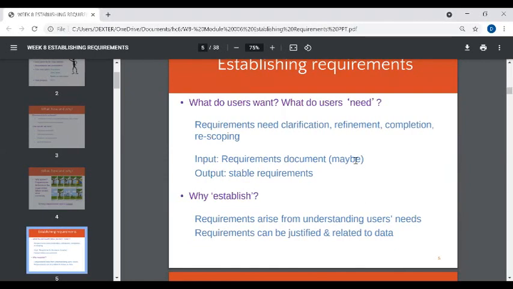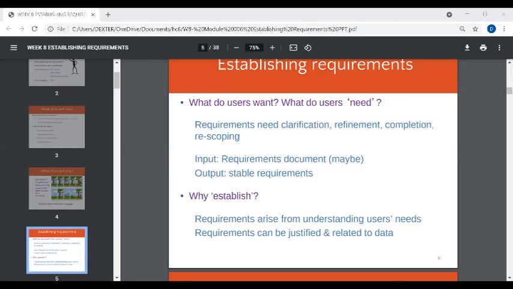Establishing requirements: what do users want, what do users need, and why establish them? The activity of understanding what a product should do has been given various labels, for example, requirements gathering, requirements capture, requirements elicitation, requirements analysis, and requirements engineering.